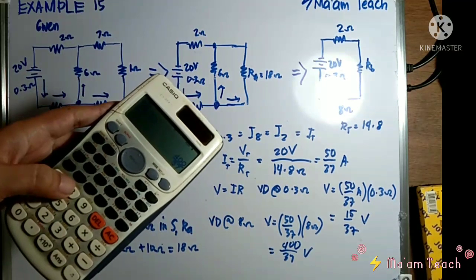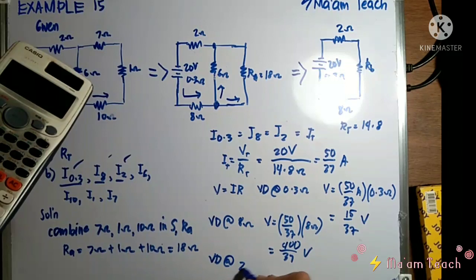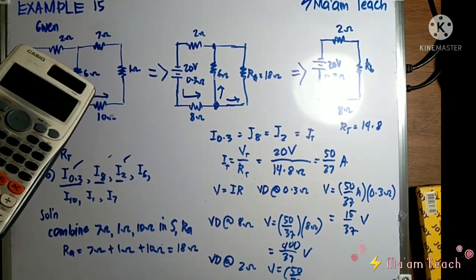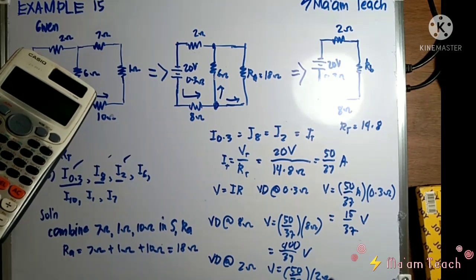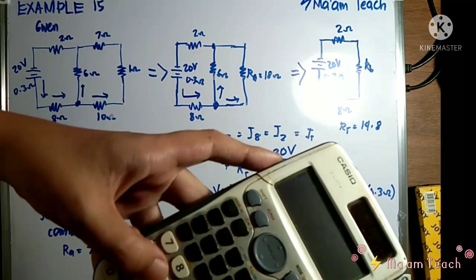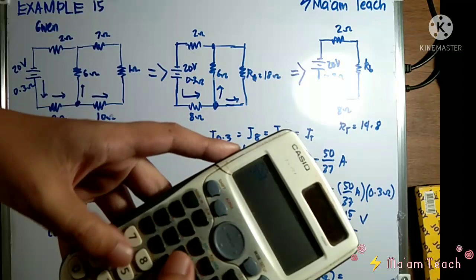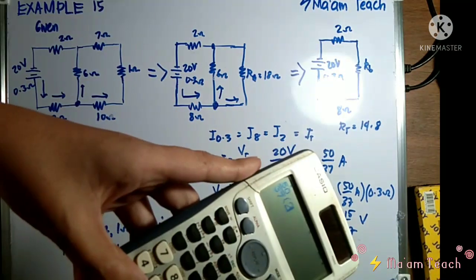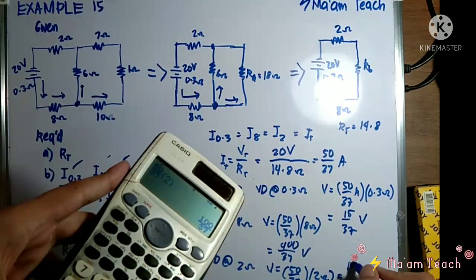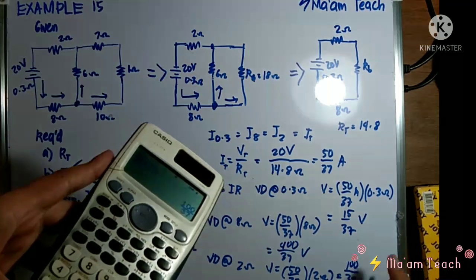And for the 2 ohms, voltage drop at 2 ohms, we have the same current, 50 over 37, times 2 ohms. So we'll have 100 over 37. And this is volts. Okay?